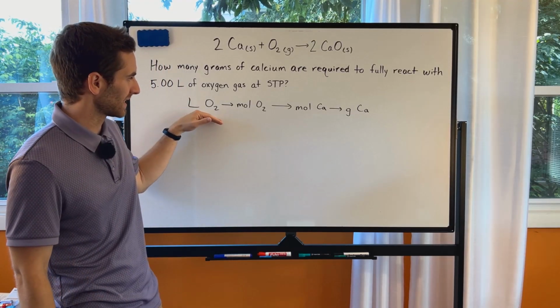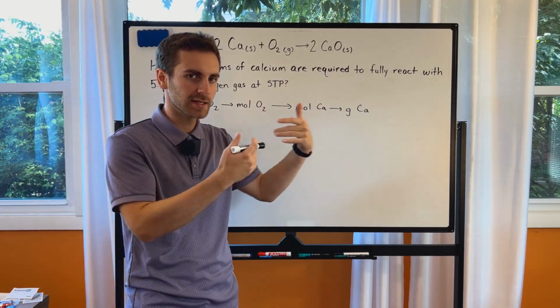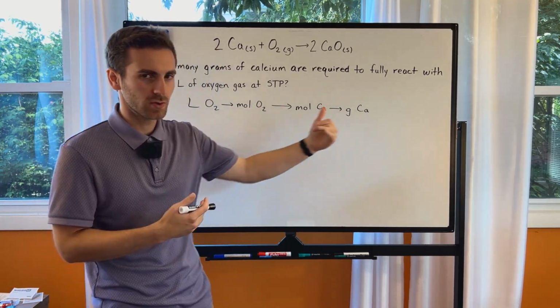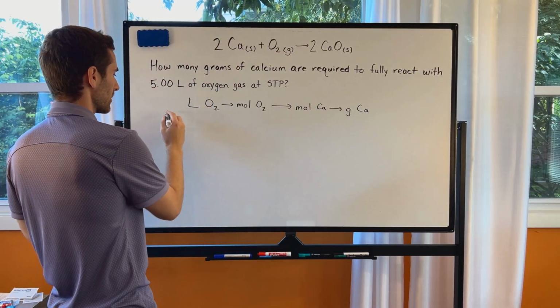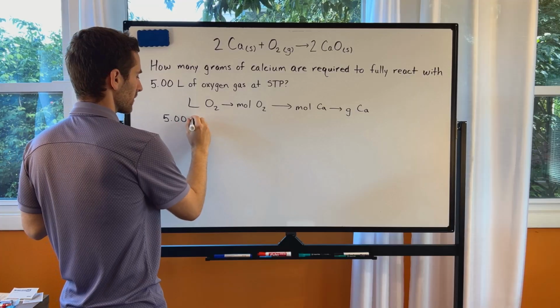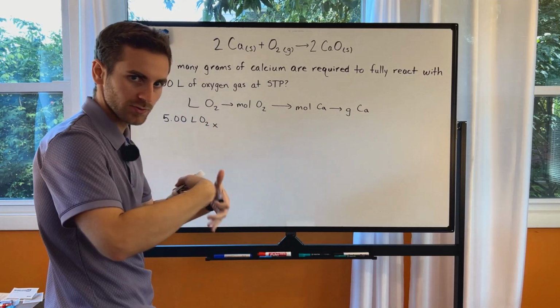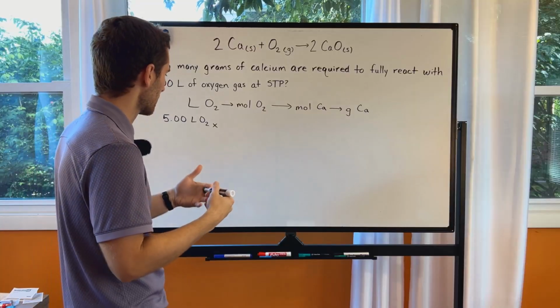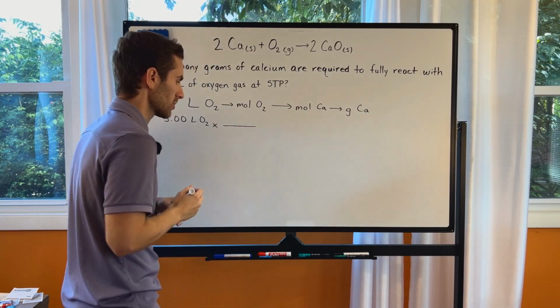And so we're going to attach this on either at the beginning or at the end, depending on what we're starting with and what we're going to. So in this case, we're starting with liters. So we're going to attach that liter to mole conversion at the very beginning to get into moles, and then make it sort of a more familiar stoichiometry calculation.